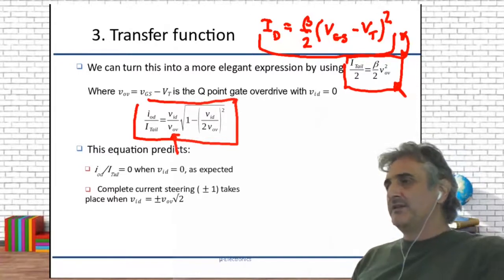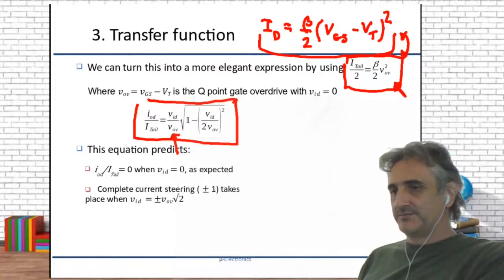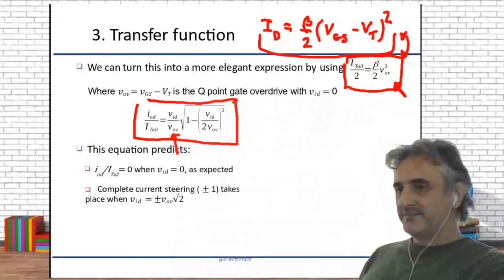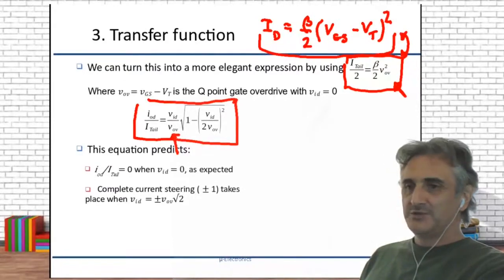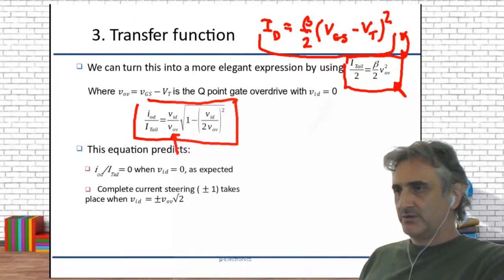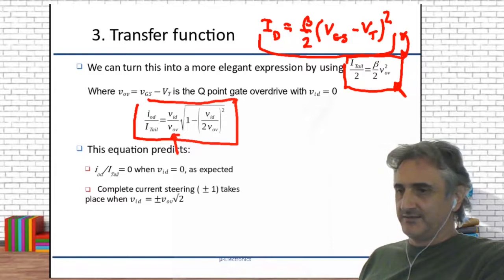That means that the full current goes through one transistor or through the other transistor. And this takes place at the moment where this relation between VID over the overlap voltage is plus or minus 1. Notice that we cannot have more current than that, I tail.